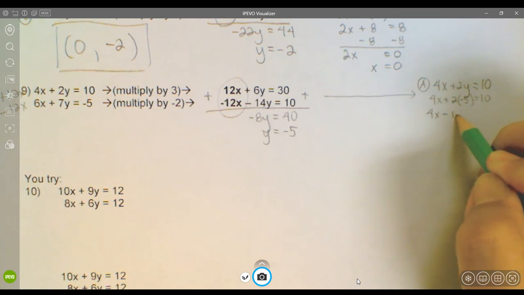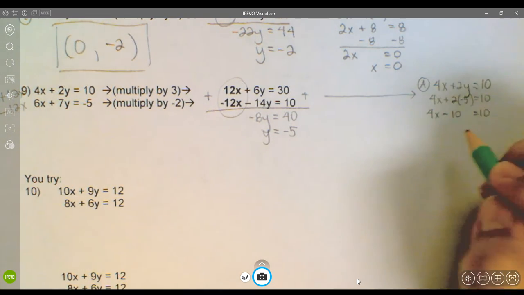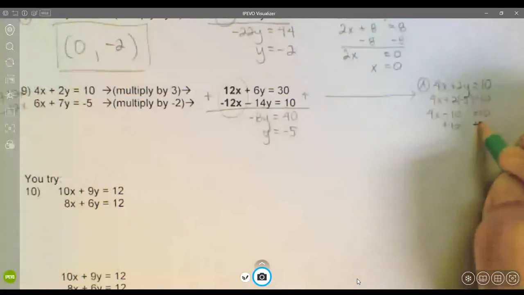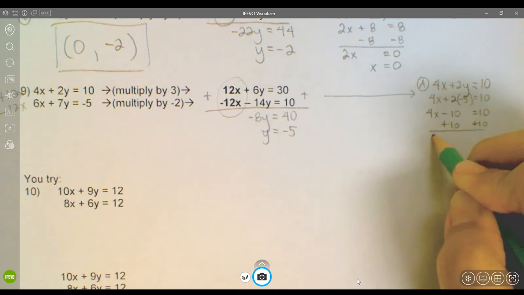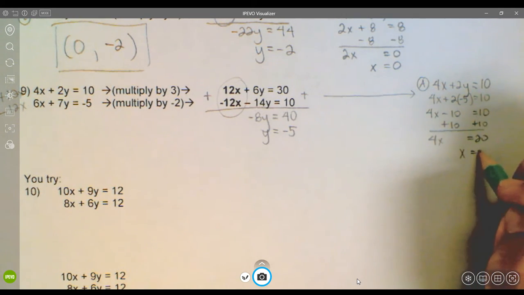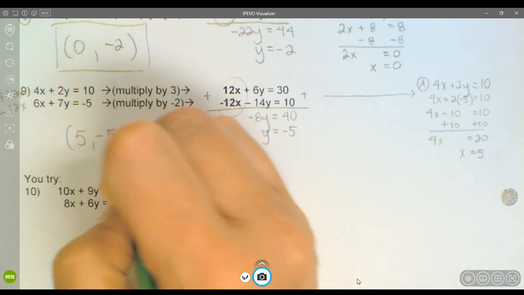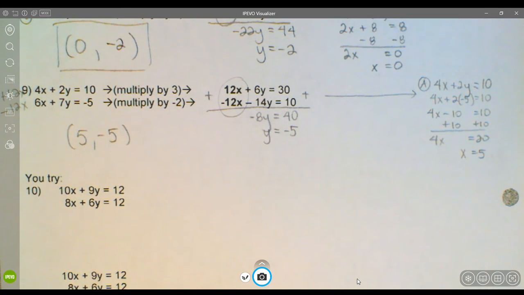So 4x minus 10 equals 10. I'm going to add 10 to both sides. And I find that 4x equals 20. So x equals 5. So I think my solution is 5, negative 5. Okay.